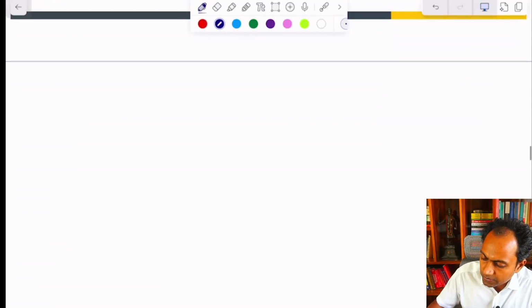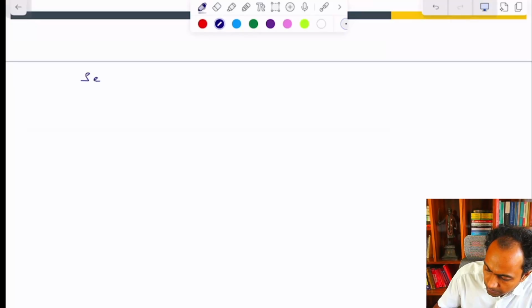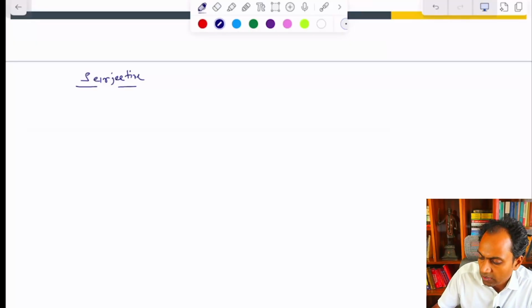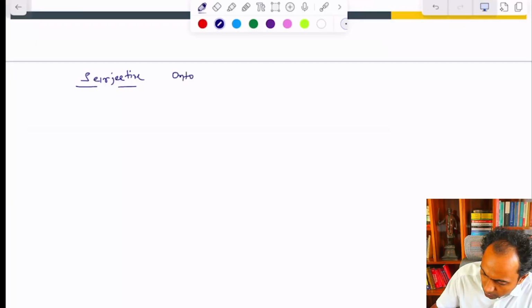Another kind of functions can be surjective functions. What are surjective functions? Another name is onto function. What onto would mean in terms of definition, codomain should be equal to range.